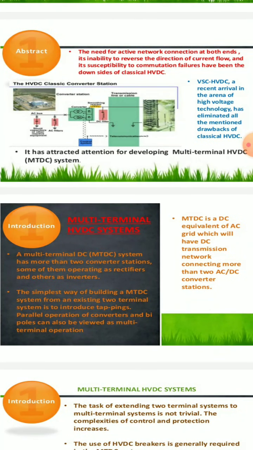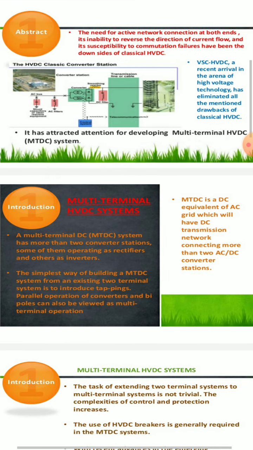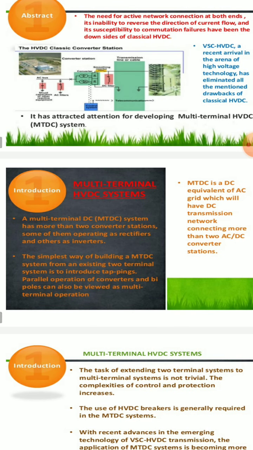Introduction of multi-terminal HVDC system. Definition: a multi-terminal DC system, MTDC system, has more than two converter stations, some of them operating as rectifiers and others as inverters. The simplest way of building an MTDC system from an existing two-terminal system is to introduce tappings.